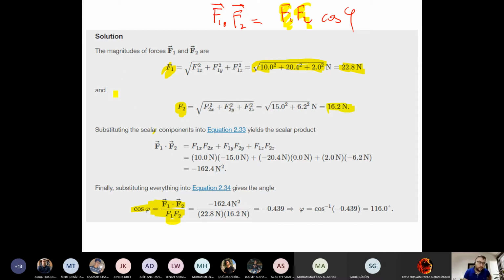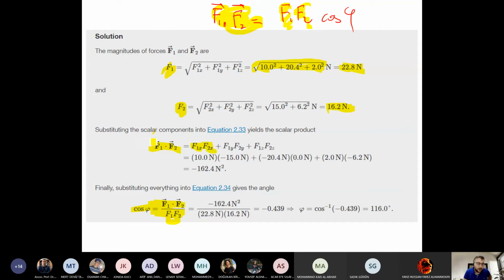Then you must calculate F1 dot product F2. So this is one definition. Also, you can calculate it directly. We are going to find the left side directly, and from the right side we can find phi. So how can you find it directly?